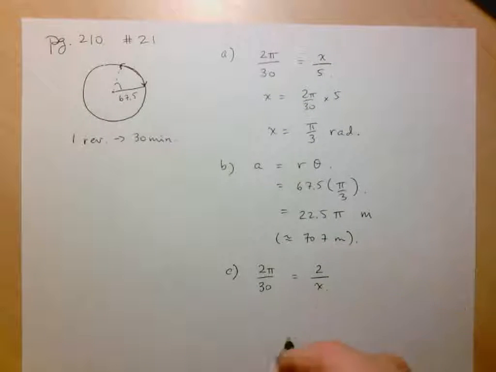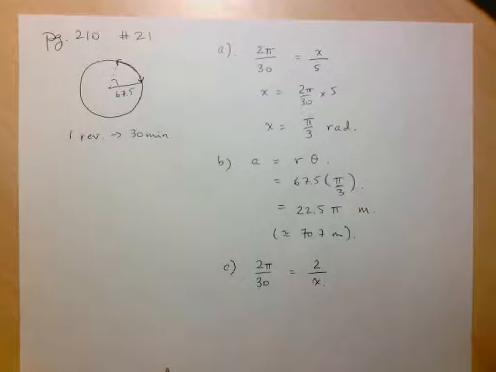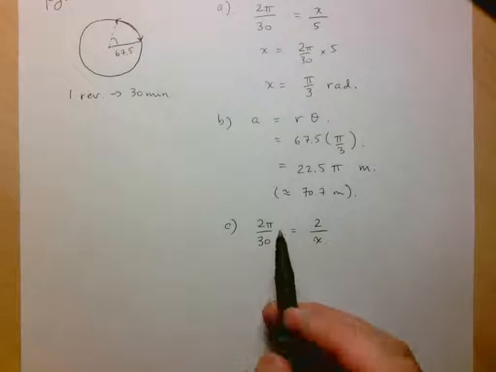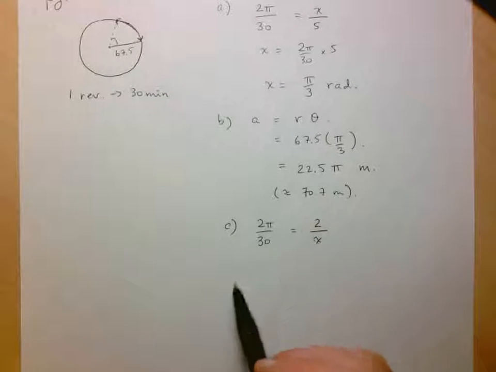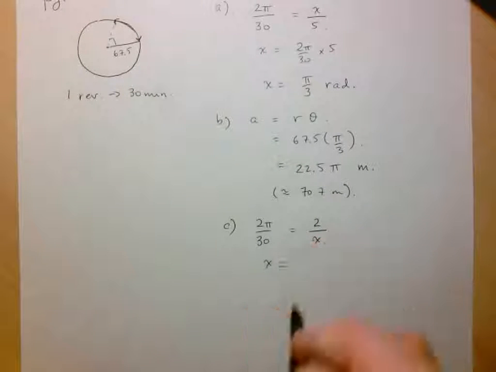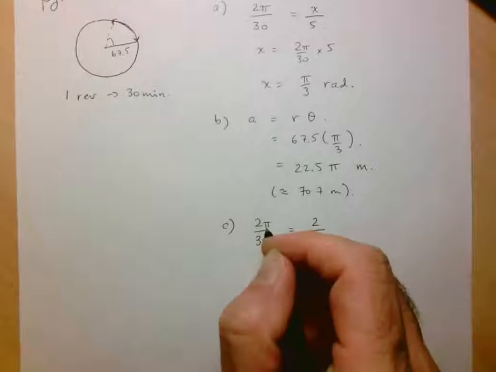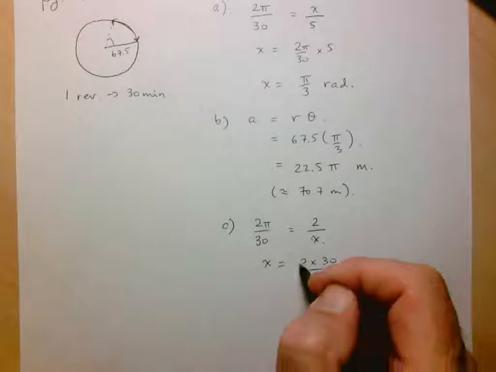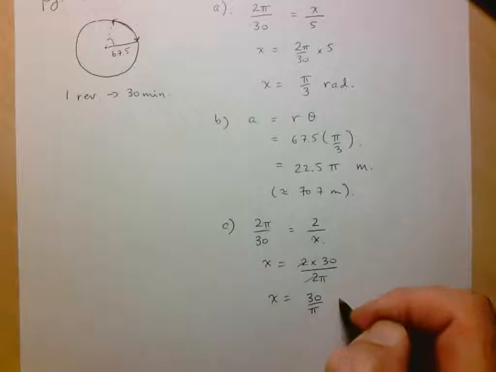So our x value is going to be a time value in the denominator. Remember when you're setting up a proportion, the units have to match up: radians in the numerator and time in the denominator. Solve this by an easy cross multiplication: 2 times 30 divided by 2 pi. So here we have 30 over pi minutes.